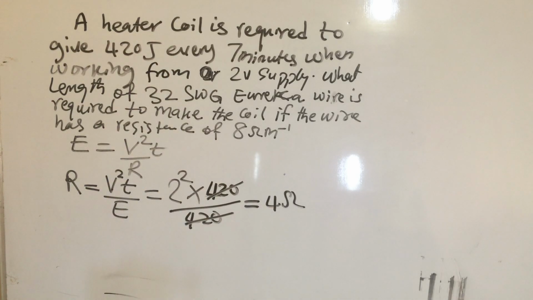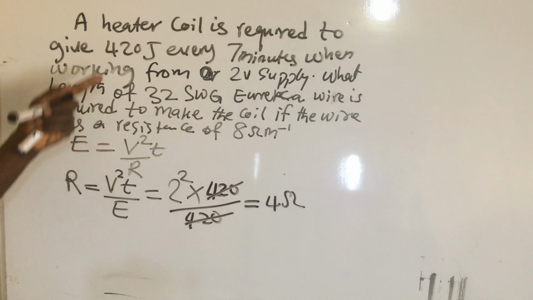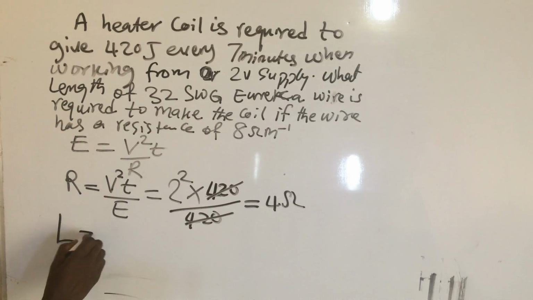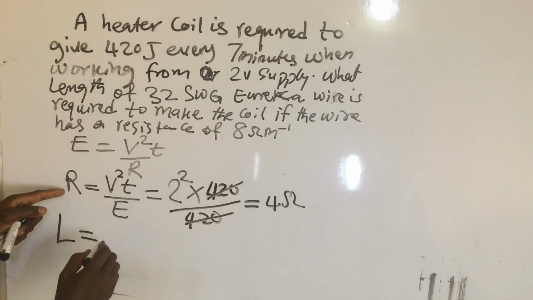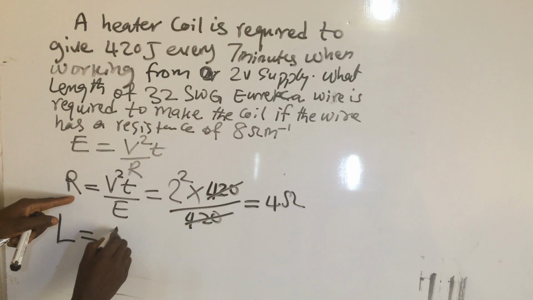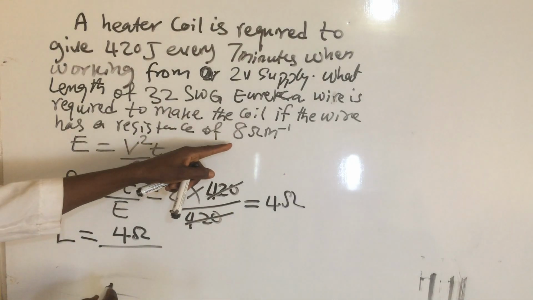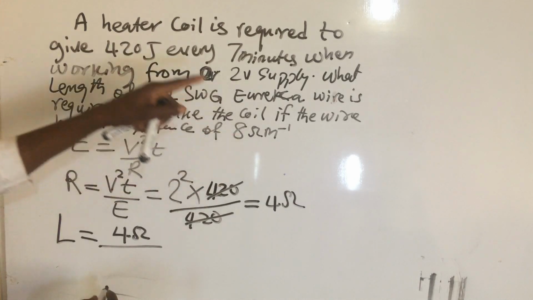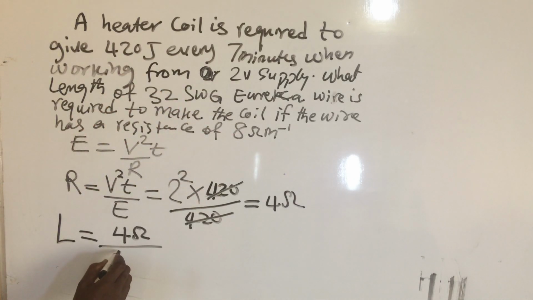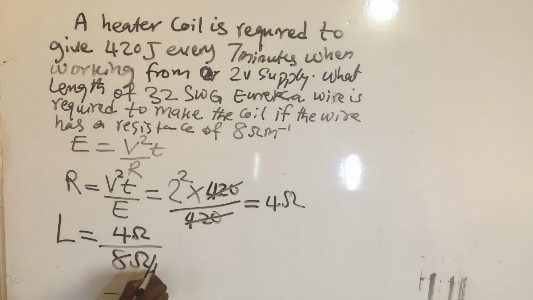Now we are looking for the length that we need to manufacture it. So the length will be equal to the resistance of the system, which is 4 ohms, all over the resistance per meter of the wire we will use to manufacture it, which is 8 ohms per meter.